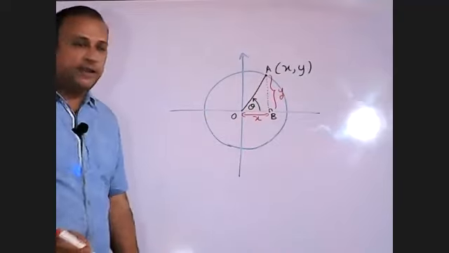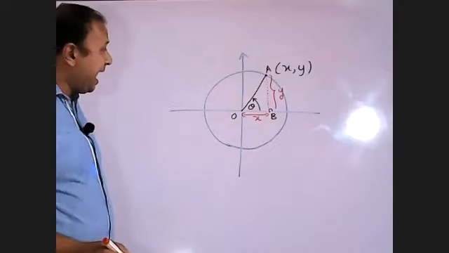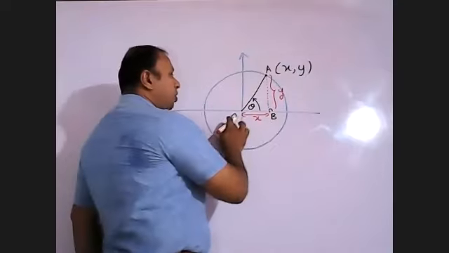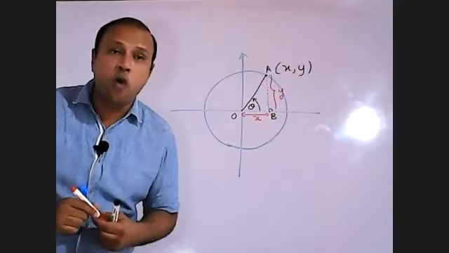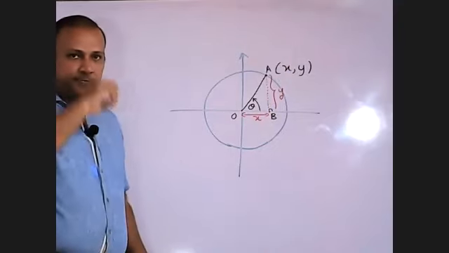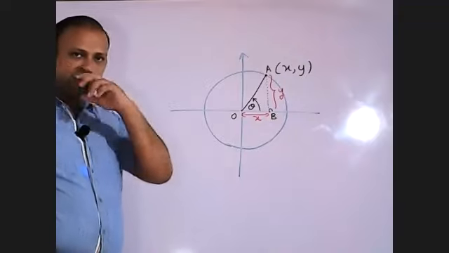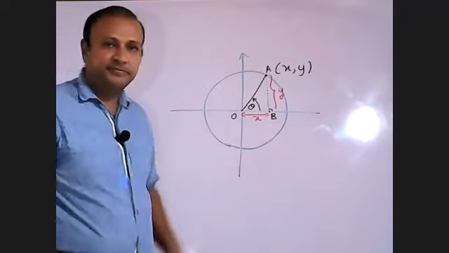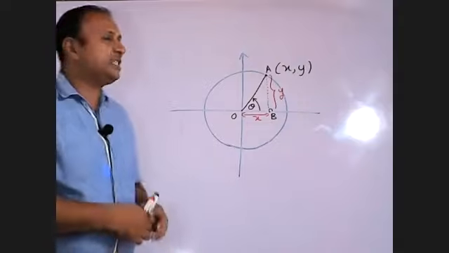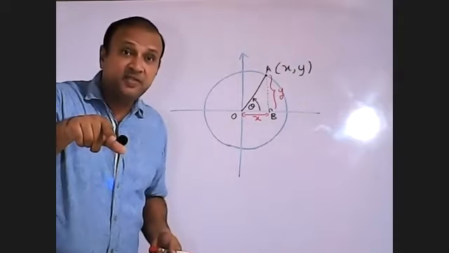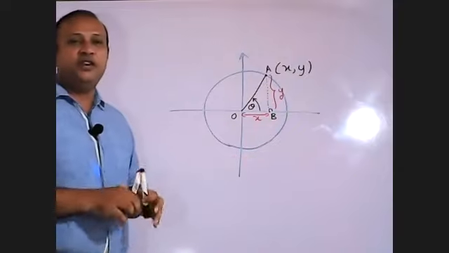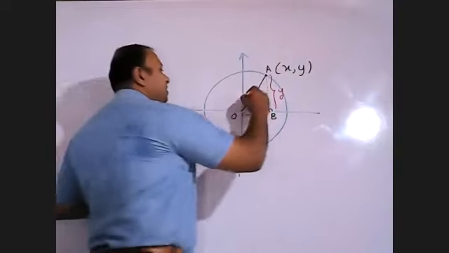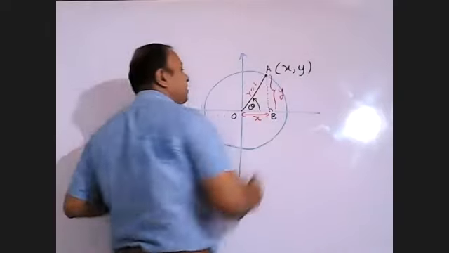And you know the length of OA. How much is the length of OA? 1. Yes, 1. What is the reason? Very good, this is a unit circle. Therefore, this is equal to 1.